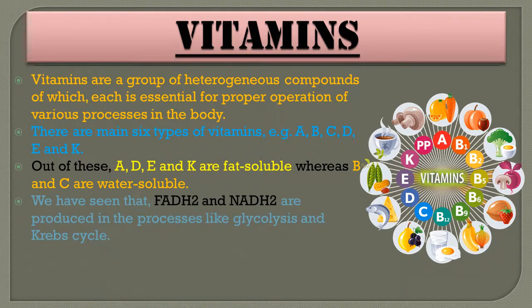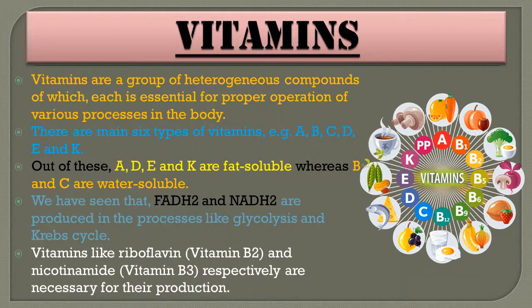Students, we have seen FADH2 and NADH2. FADH2 means flavin adenine dinucleotide and NADH2 means nicotinamide adenine dinucleotide. These are produced in processes like glycolysis and the Krebs cycle. Vitamins like riboflavin, that is vitamin B2, and nicotinamide, that is vitamin B3, respectively, are necessary for their production.